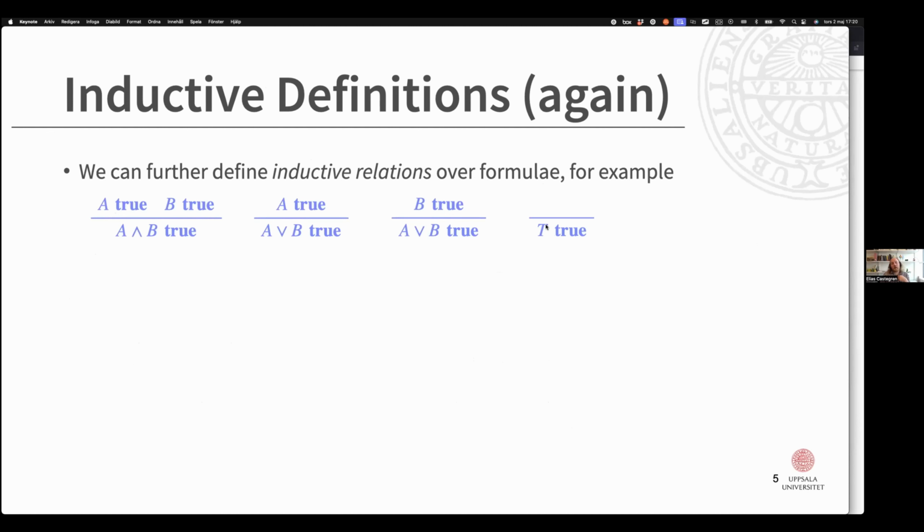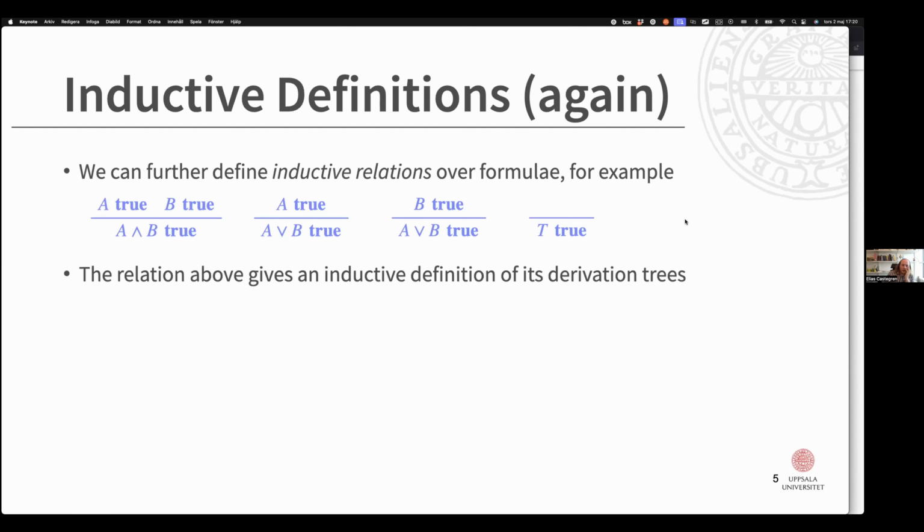And the true constant T here is always true. This is a relation, and it shows when it holds. But the relation that we see here gives an inductive definition of the derivation trees of this relation.